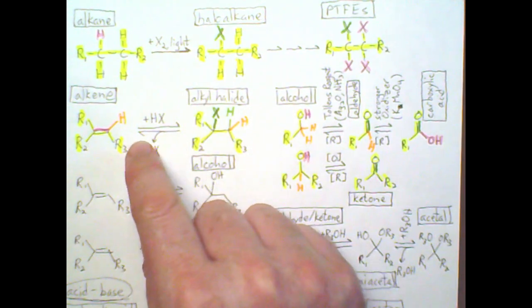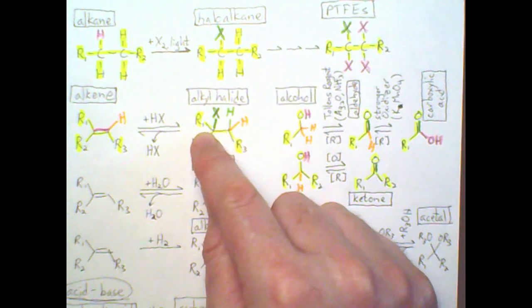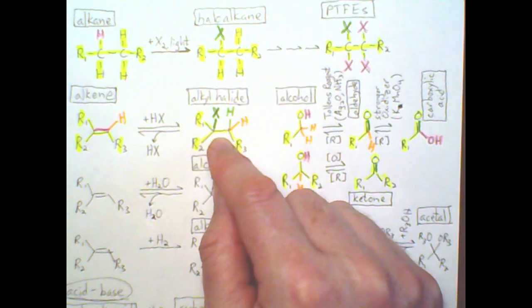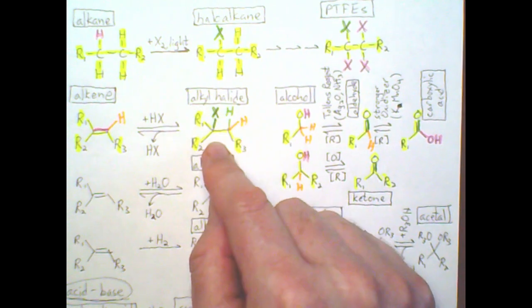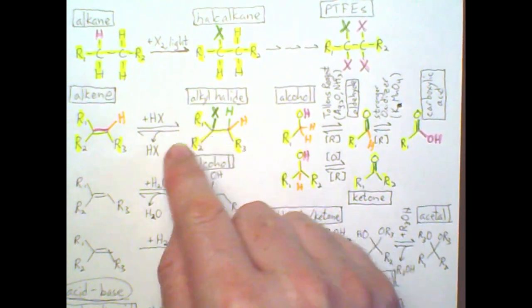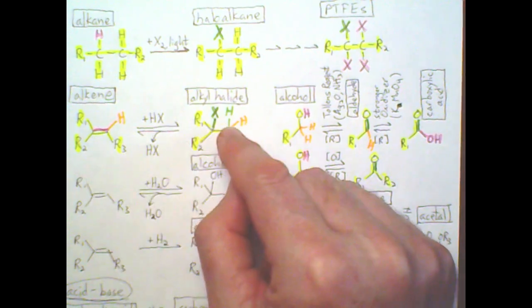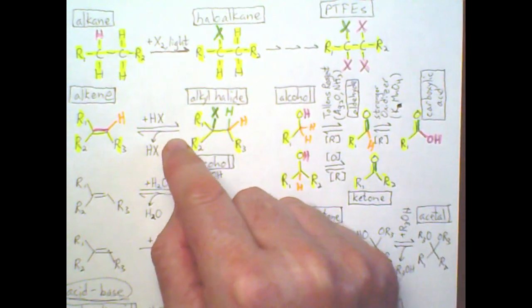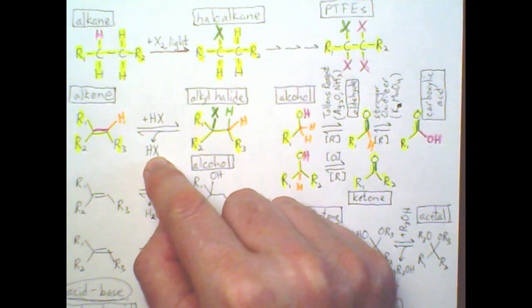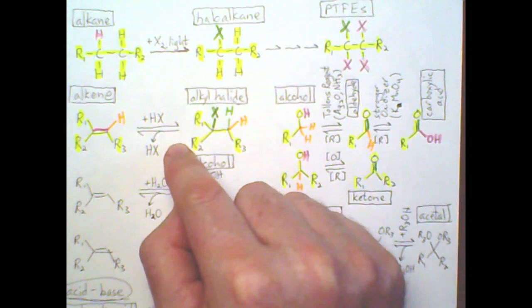But here, I've got a reverse arrow. We can go from a halogenated hydrocarbon, an alkyl halide, or a haloalkane, to an alkene by removing HX. And that arrow coming off shows that we're removing HX as we go from right to left.